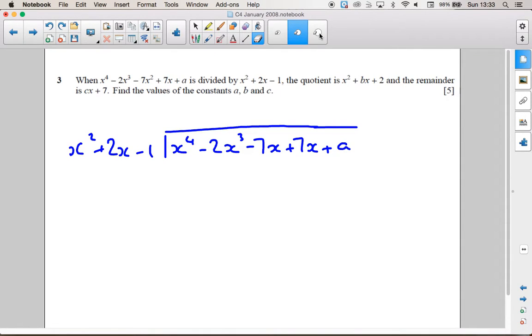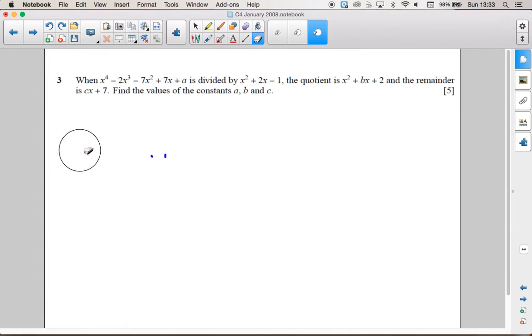But as a general rule, if they give you A's or B's or unknowns in the question and tell you parts of the answer, another method that you can use is to compare sides, compare coefficients of each side.